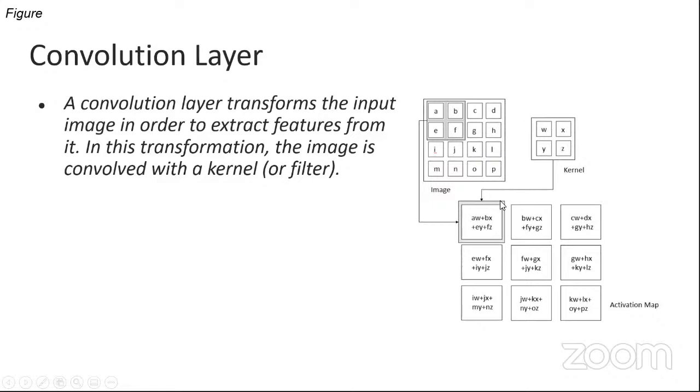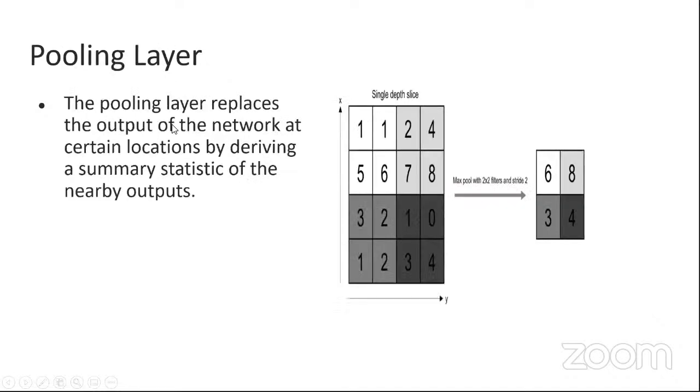This will replace these 4 pixels, so instead of 4 pixels, we'll get 1 pixel from this calculation. So we'll get more prominent information or more prominent features from this convolution layer. That is, by using a kernel or a filter, we are convolving that feature. That is what is happening in the convolution layer.